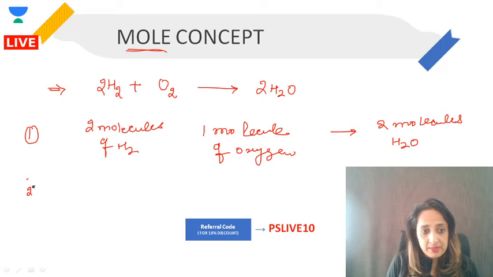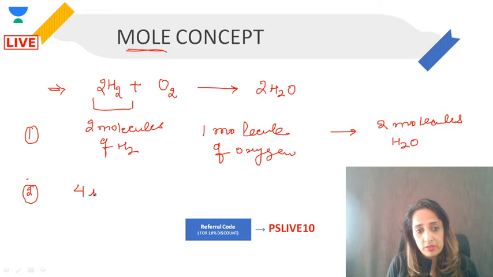Another way is, we know that this is 4 atomic mass units of hydrogen. How did we do it? 2 times 2 is 4, and 1 atom of hydrogen is 1 AMU.